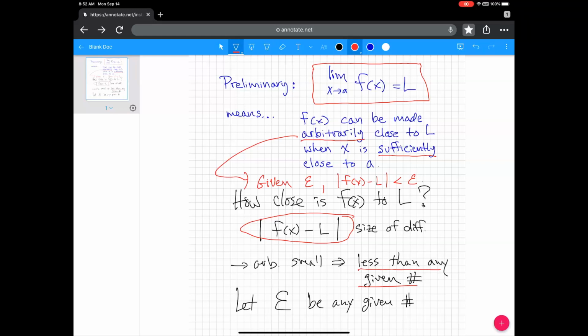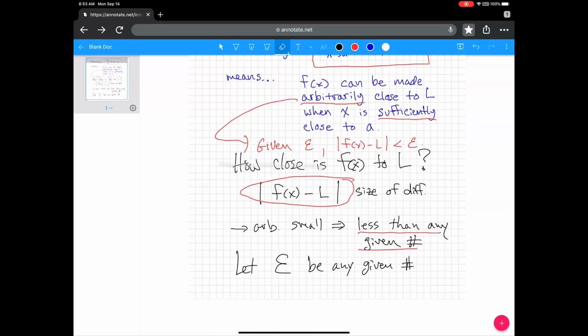You give me any number, no matter how small, let's call it epsilon. Then the absolute value of f of x minus L is less than epsilon. That means f of x has been made arbitrarily close to L. Now, the idea of a limit is that that's not always true. That's true when x is sufficiently close to A. So how can we communicate that?